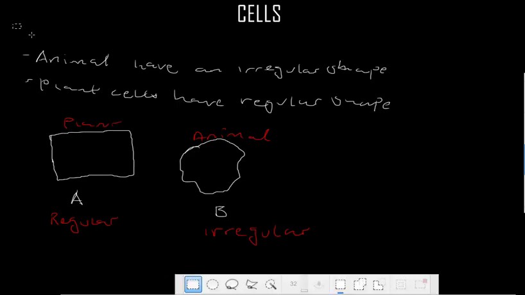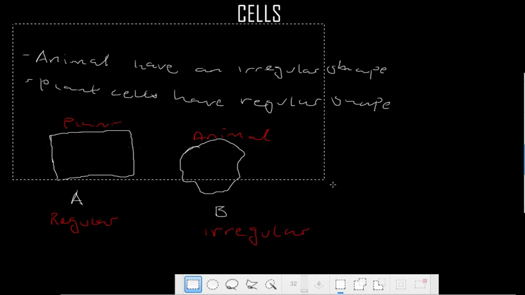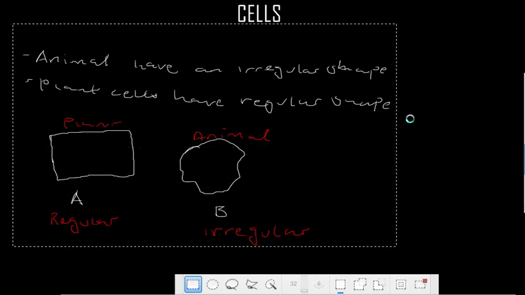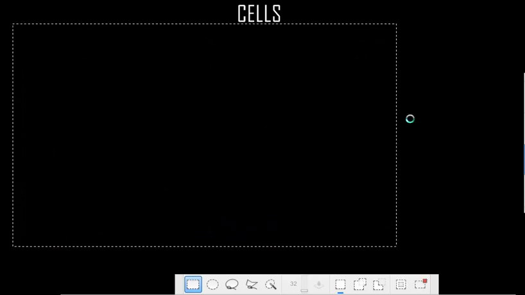Okay, now let's look at a plant cell in detail. What are the structures present in a plant cell? So let's look at a plant cell. Let's change that to white. So let's look at plant cells.